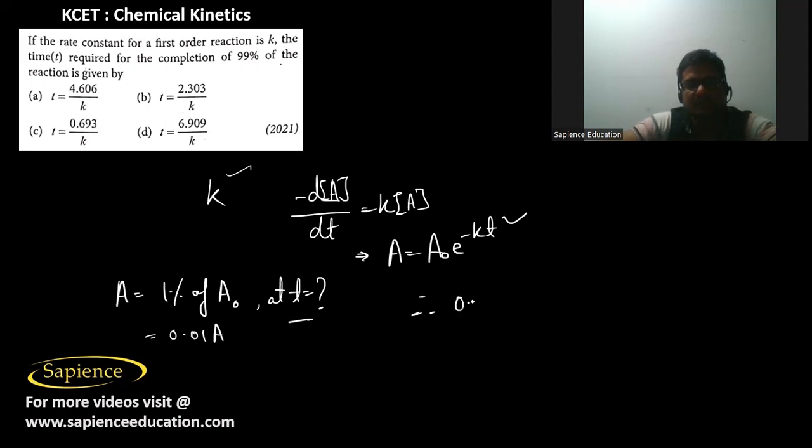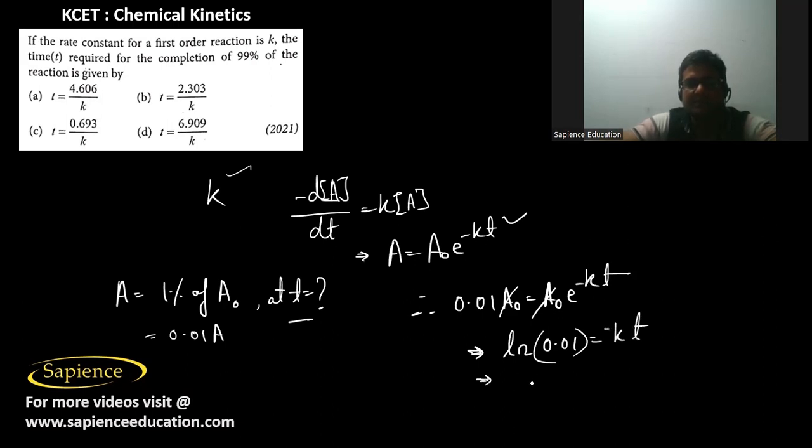So we can say 0.01 A naught equals A naught e power minus K into T. So ln 0.01 equals minus KT, or I can say ln 1 by 100, so it is ln 100, or 2 ln 10, equals KT.